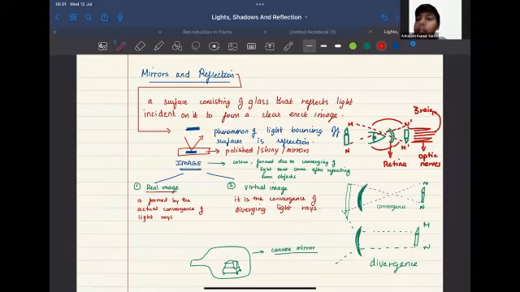Second last. It is the phenomena of light bouncing off surfaces, reflection, polished shiny mirrors, formed due to converging of light that comes after reflecting from objects.